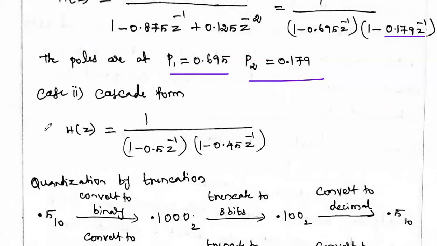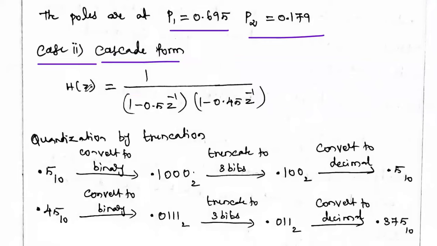Similarly, we have to study the effect of the pole location shift if we realize the filter in cascade form. The cascade form is nothing but the total transfer function H(z) split as H1(z) into H2(z).